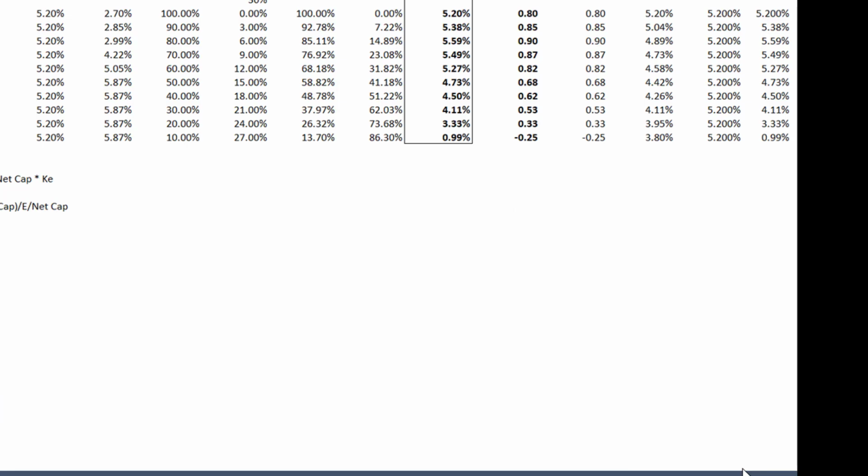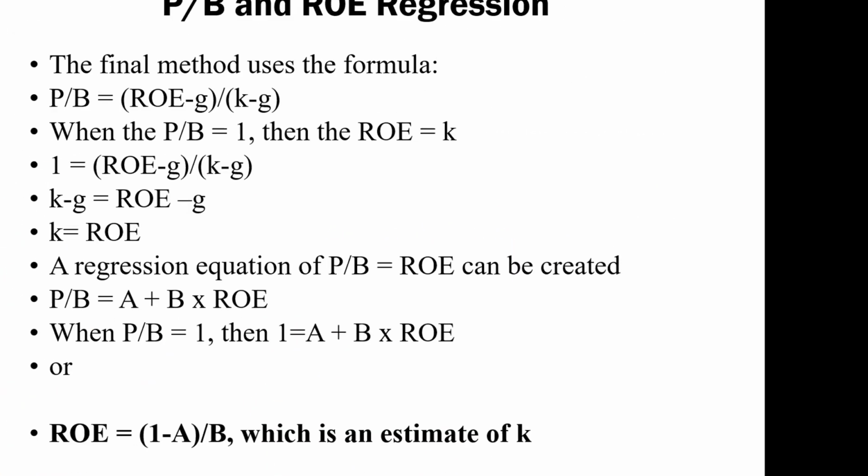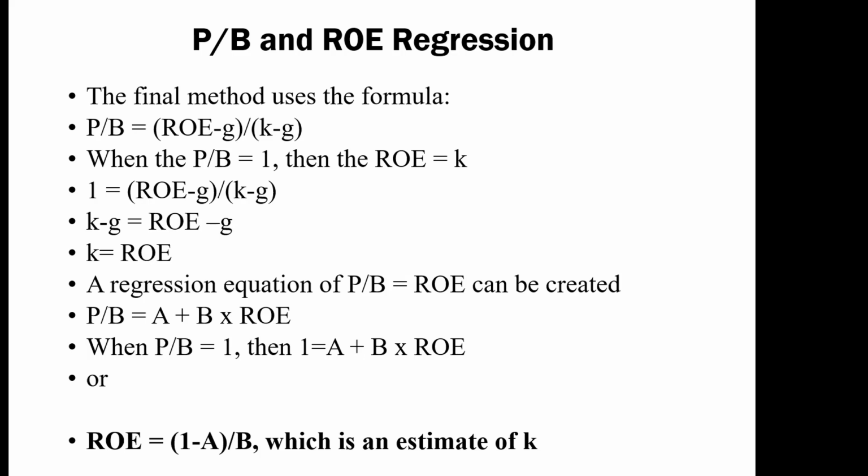So that's one alternative. Another alternative is to use the fact you can rearrange the value driver equation and get the equation that the price to book value equals (ROE minus G) divided by (K minus G).